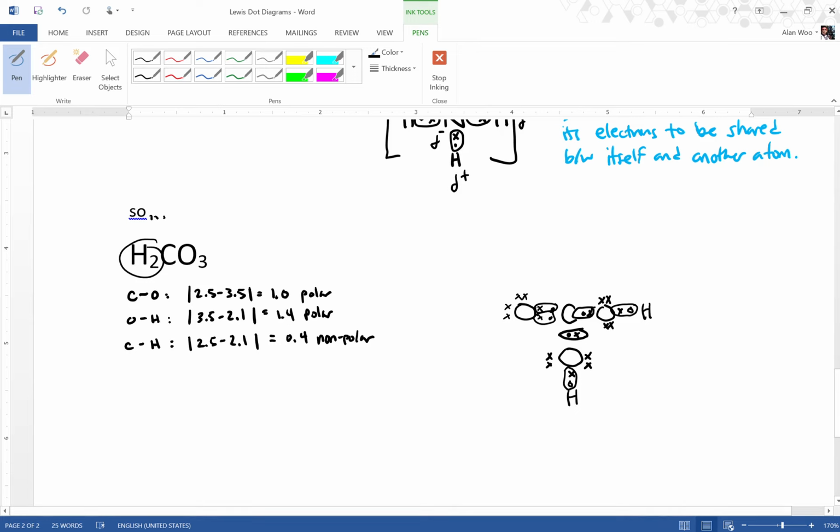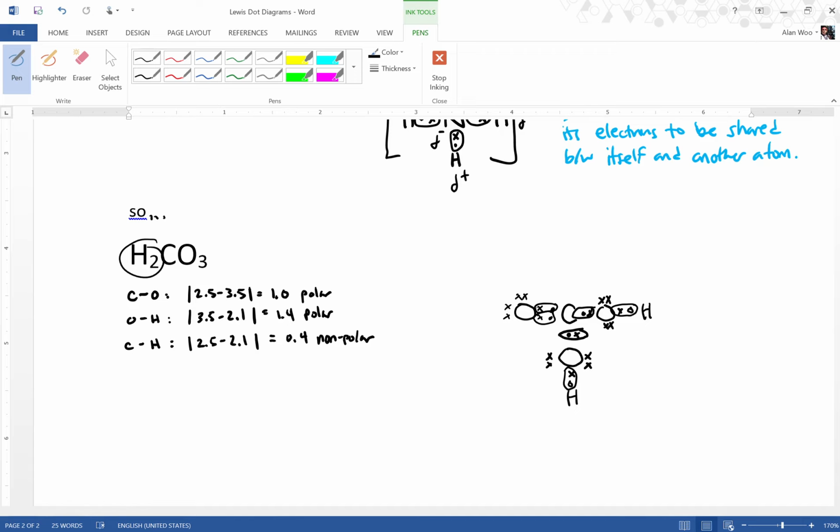Carbon only has 4 bonds, which is the maximum that carbon can have anyways. So you have to remember, if you draw Lewis dot diagrams where carbon or any other atom has more than 5 bonds, that's too many electrons to put in their outer shell.